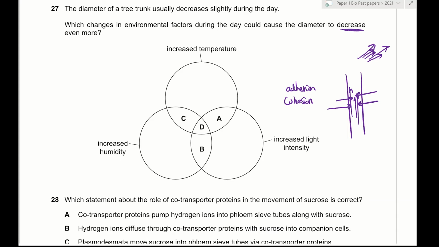In this case, increased temperature increases the rate of transpiration due to increased kinetic energy of water molecules. Then, increased humidity lowers the water potential gradient, decreasing transpiration, so this is incorrect. Increasing light intensity also increases the rate of transpiration. Therefore, the answer is going to be A.